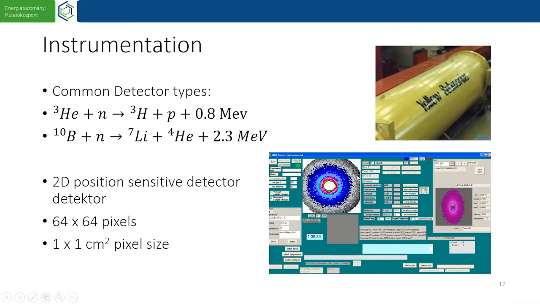This picture is the instrument control software with an image of the detector of an ongoing measurement. Here on the right there is another image of a past measurement, and we see that this is a square matrix, but the active pixels are only in the circle.